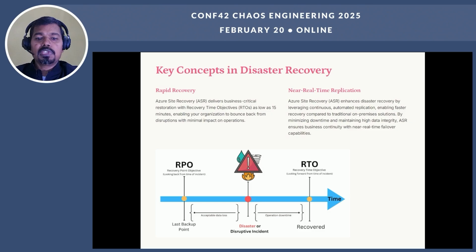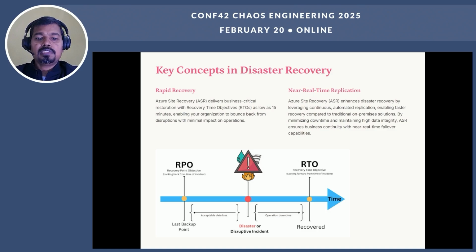Recovery time objective is the second one. This measures how quickly systems and services need to be restored after a disruption. It's the maximum downtime a business can tolerate before operations must be back online.